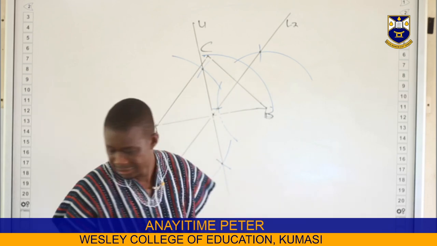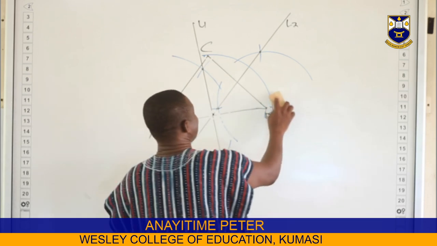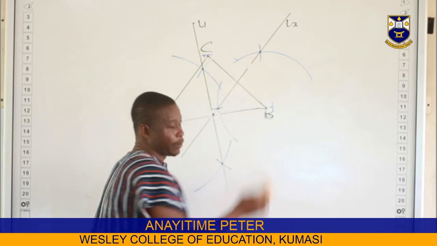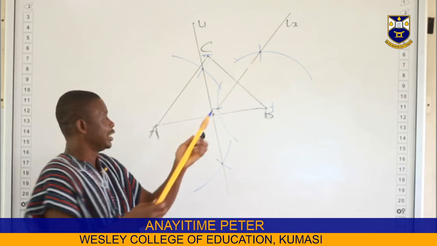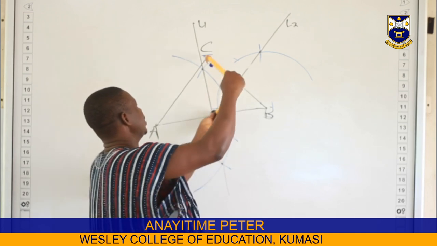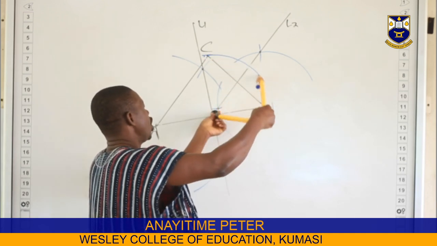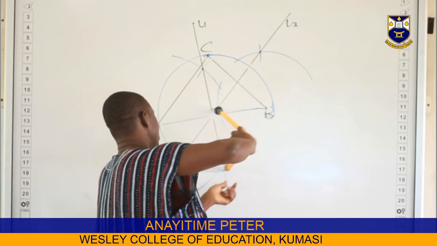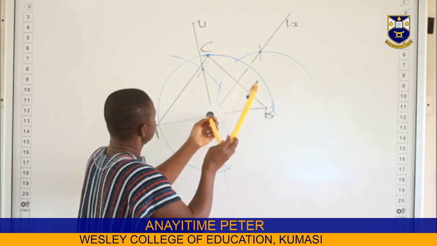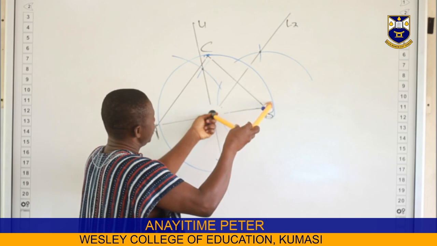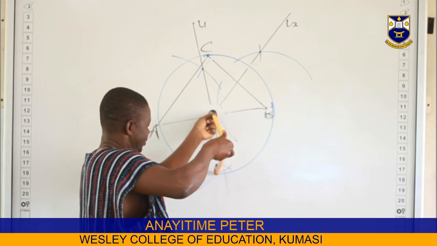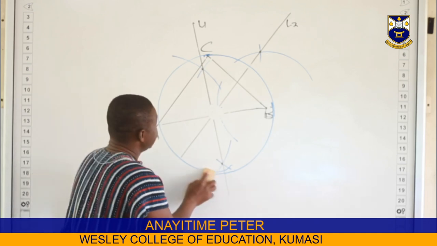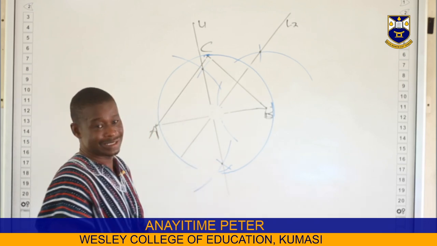If it is well done, and you make sure your compass, everything is okay, the circle will pass through all the 3 vertices.